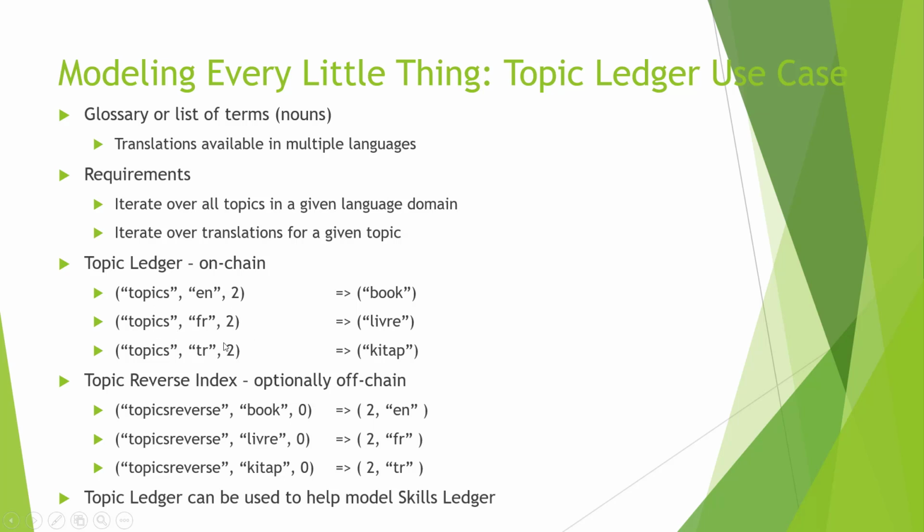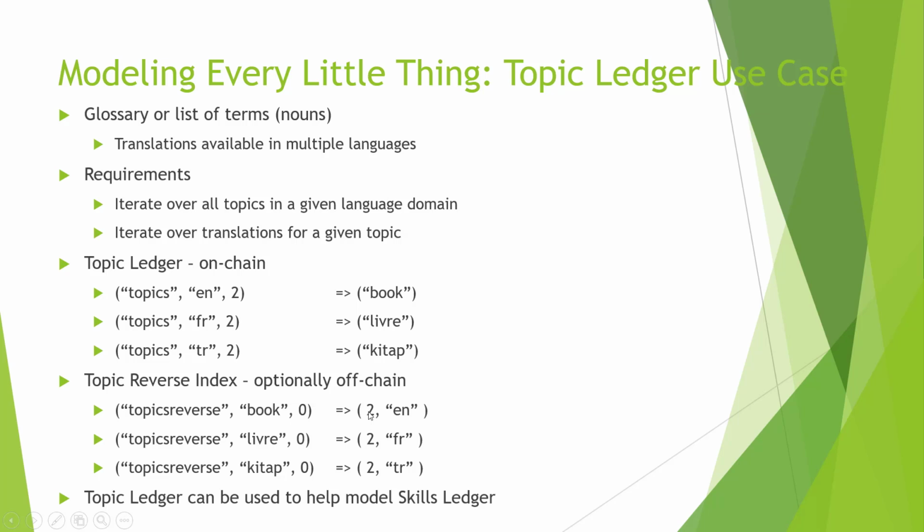So that's the authoritative data, but driven by that authoritative data, you could create the reverse index. Again, that could be optionally off-chain. So it would have its own parent domain. The domain would be the word book, and it would map to English.